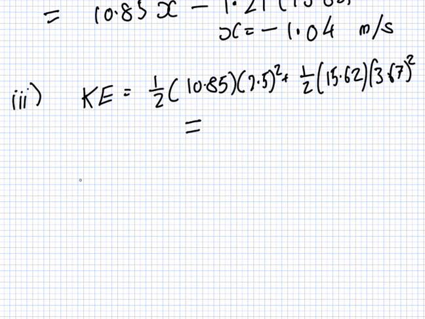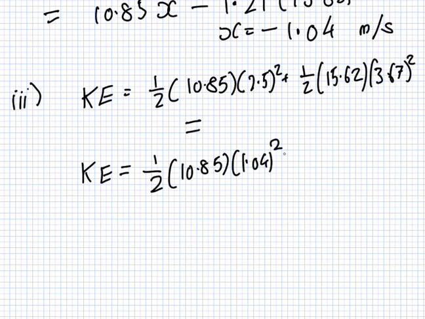And then someone else give me the kinetic energy after the collision. So Daniel, you're giving me the one before, and Joshua, I can trust you to give me the one after. A half 10.85 times 1.04 squared plus a half 15.62 times 1.21 squared equals.